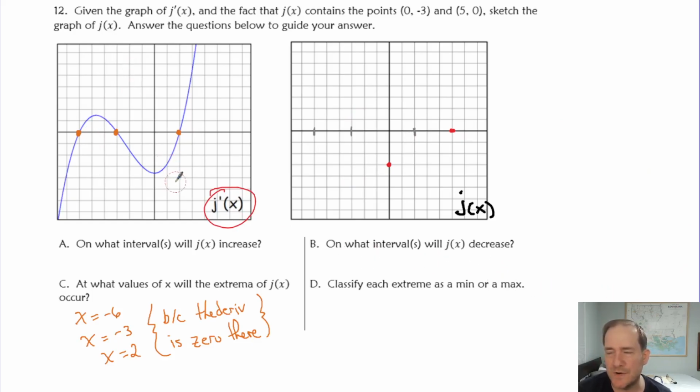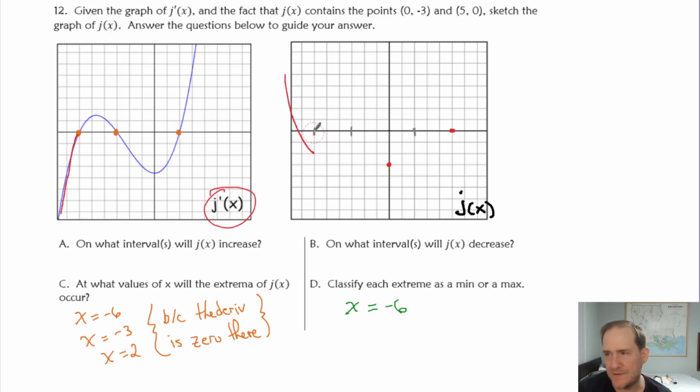So what else do we know? I want to talk about D, I think. D says, hey, take these three extrema and now actually classify them. So if x equals -6, what is that? Is it a max or a min? Well, think about what's happening over here. At -6, to the left of that, my derivative is negative, right? Because it's under the x-axis. Negative derivatives mean that the original function is decreasing.